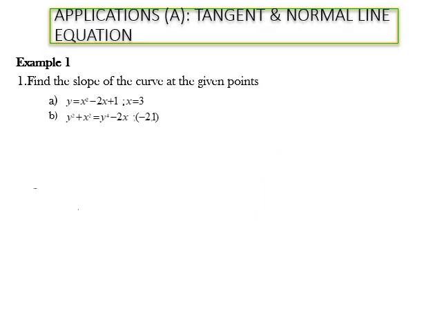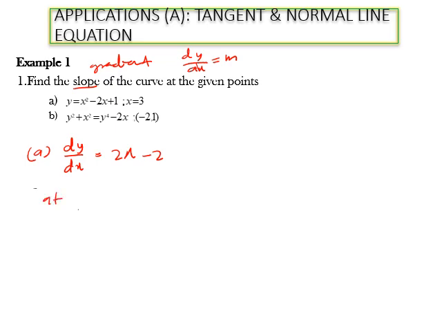So find the slope of the curve at a given point. Slope here means gradient. It's the same thing. So for A, to get the gradient is dy/dx. So for A, dy/dx equals 2x minus 2. This is the gradient function.